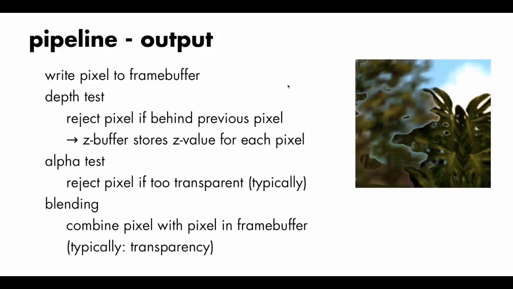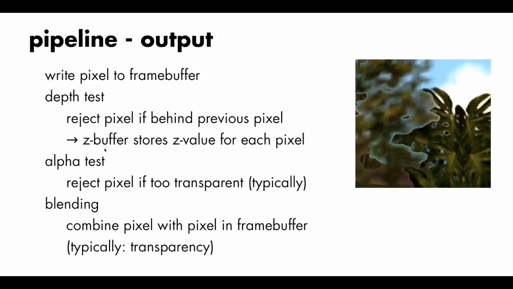Okay, and the last step is the output. So we have our final color for the pixel, and we want to write it to the frame buffer so that it becomes visible. And at this stage, we typically have a bunch of tests that the pixel has to pass in order to be written to the frame buffer. So the first is the depth test. A pixel that is behind something else that has already been drawn is rejected.